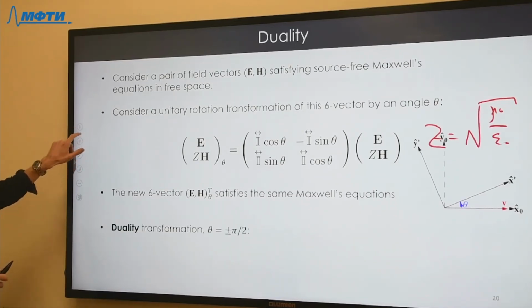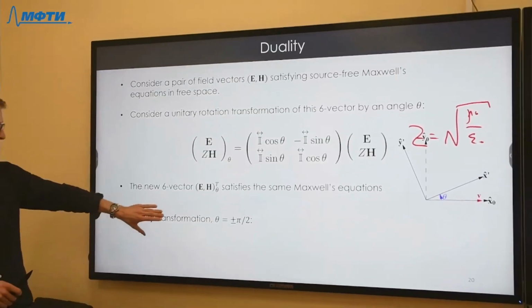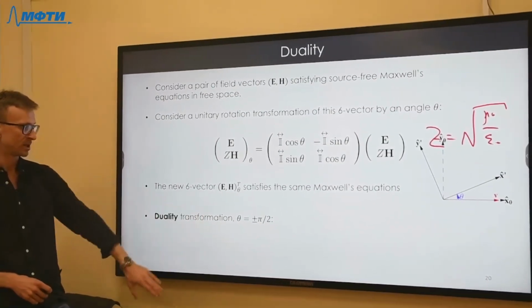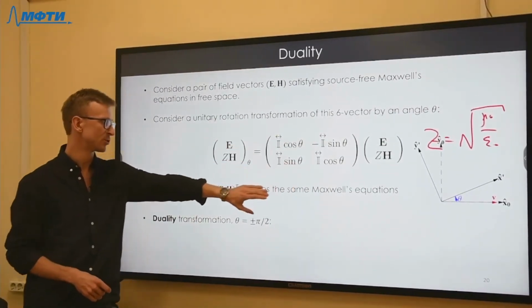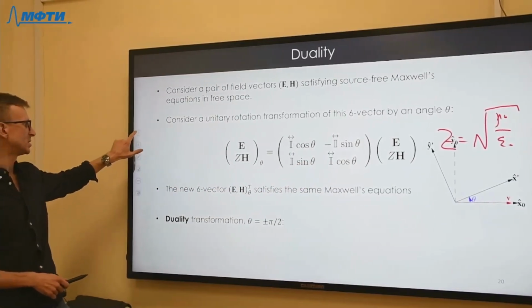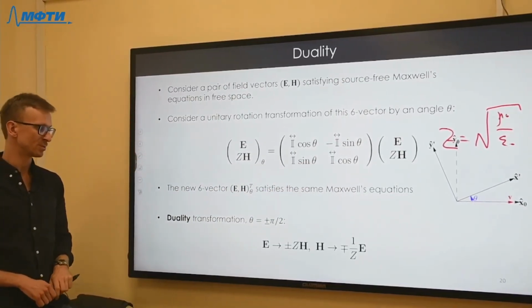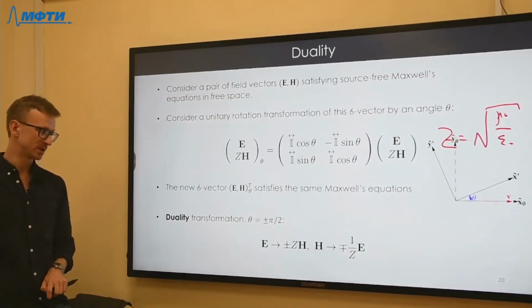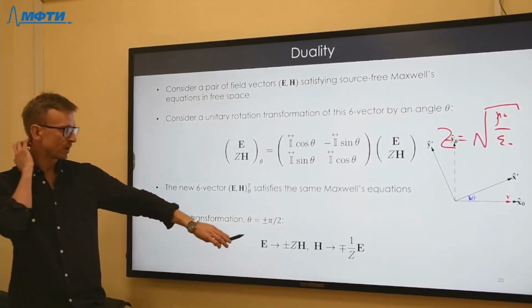And in the particular case, when this angle is plus or minus pi over 2, this operation is called the duality transformation. By plugging the angle plus or minus pi over 2 into this operator, we can see that this rotation corresponds to flipping electric and magnetic fields with plus or minus sign.